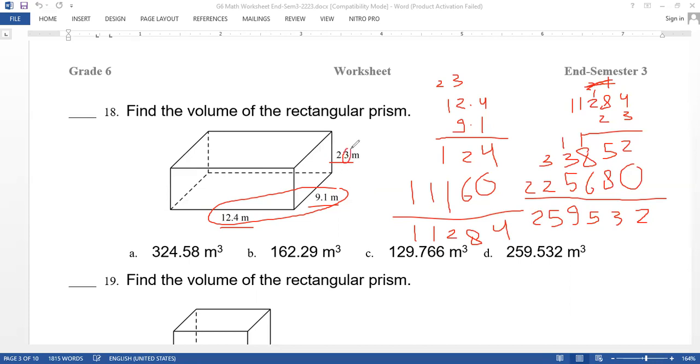Here we have 1 decimal place, 1 decimal place, 1 decimal place. So we have 3 decimal places. Now I compare my answer to the answers. So the answer is 259.532. You have to be very careful while you are doing these calculations.